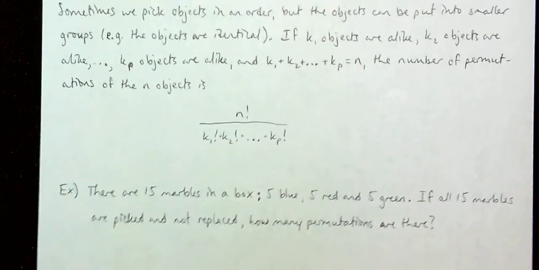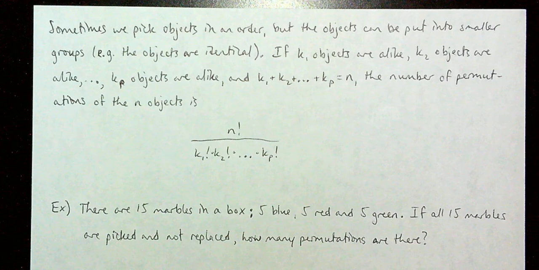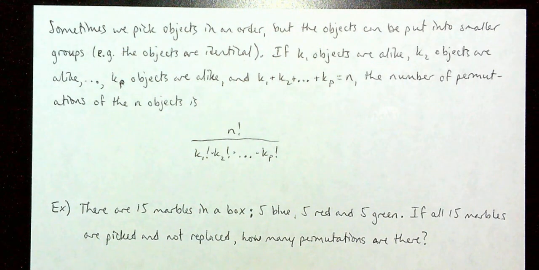And then there's one last possibility we can have for determining the possible outcomes for a sample space. Sometimes we pick objects in an order, but within all the objects, you can take objects and put them into certain groups, say, or maybe some of the objects are identical to each other. So if you have a total group of n objects, and K1 objects are the same, and K2 objects are the same, and K3 objects are the same, and however many groups all the way up to and including KP objects are all the same.